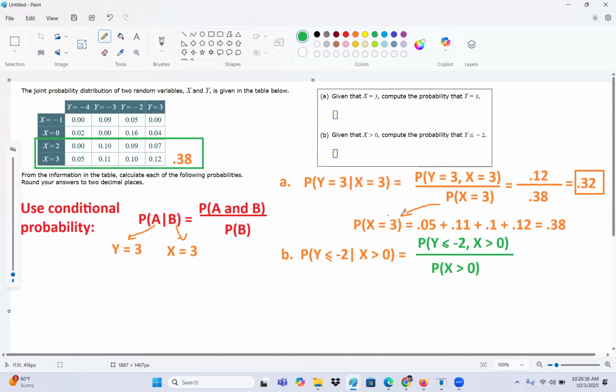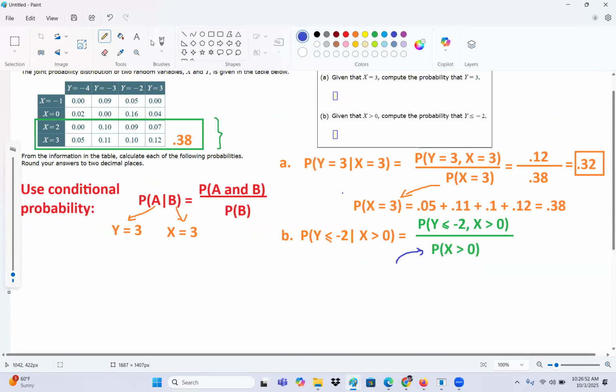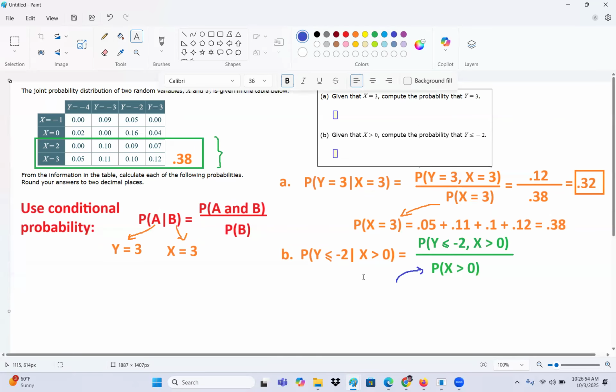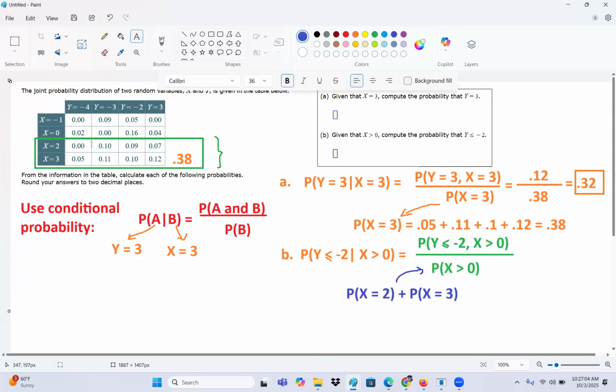Don't think of it as really complicated. When x is greater than 0, just take 2 and 3, so this is going to be your denominator. Just add up the probability of x equal to 2 plus the probability of x equal to 3. For x equal to 3, we add up these 3.